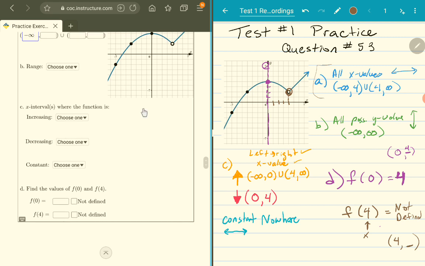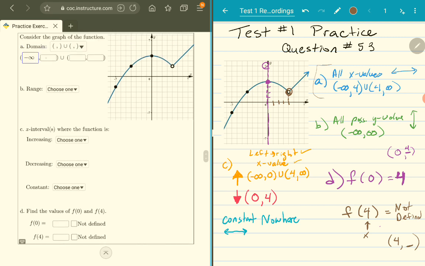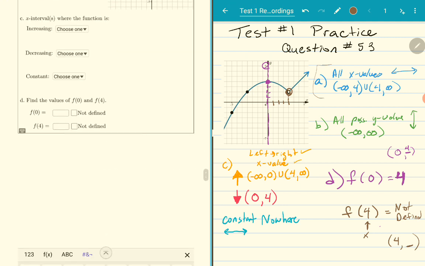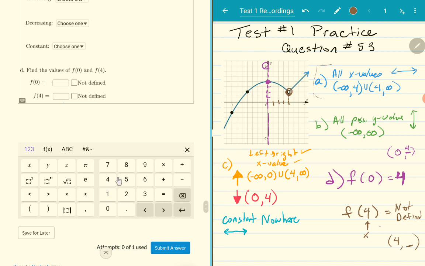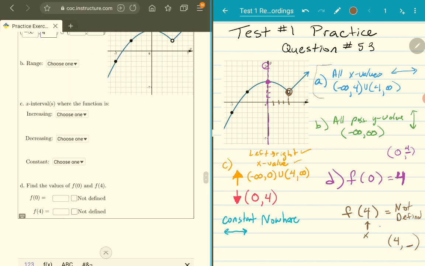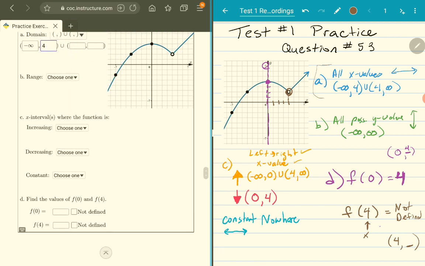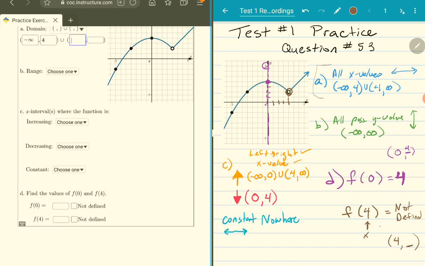Hopefully it showed up this time. There we go. And then a 4. And then picking up after 4.